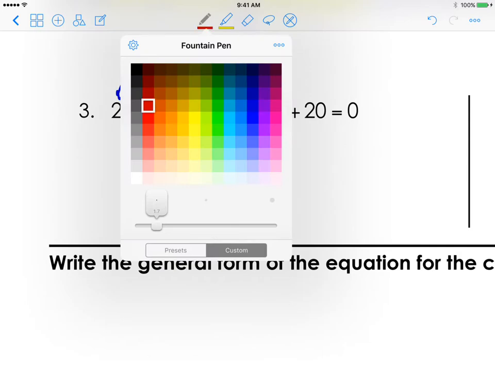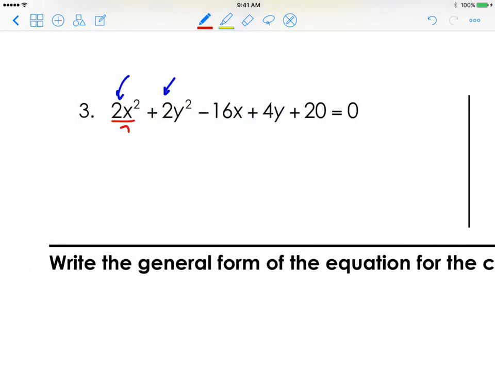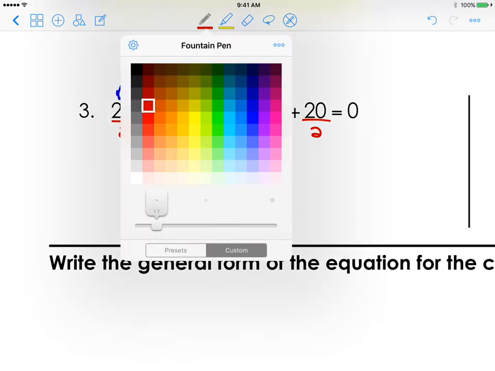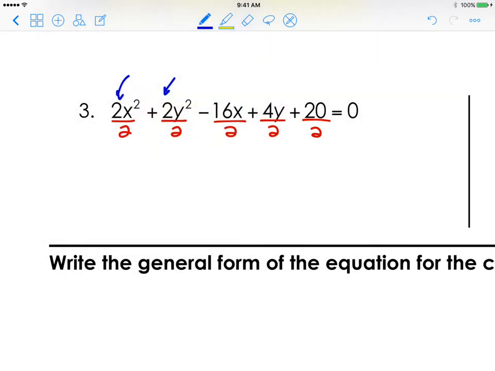So I'm going to divide everything by 2 so I can clear that coefficient out of there. So 2, 2, 2, thanks for playing, see you later. Then I'm going to rewrite my equation with my x's with my x's, my y's with my y's, and I'm also going to subtract this 10 from both sides. It's a 10 now because it's 20 divided by 2.